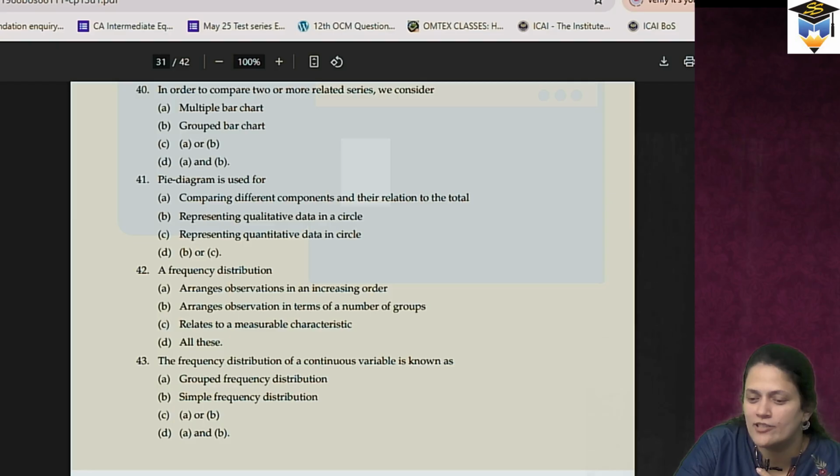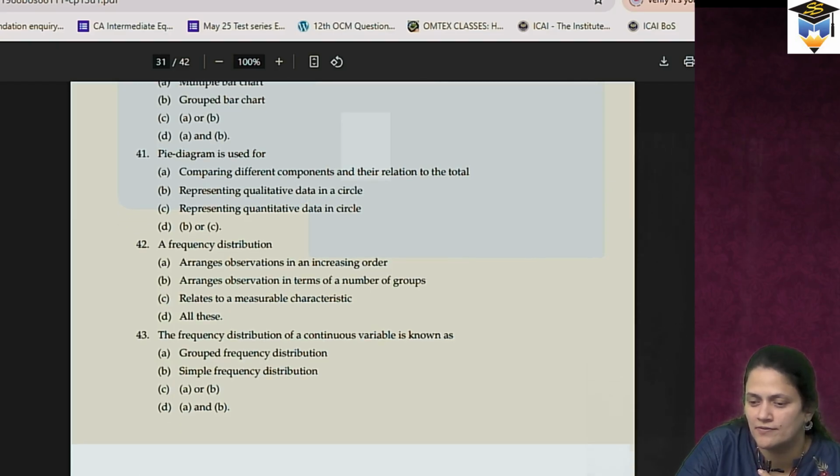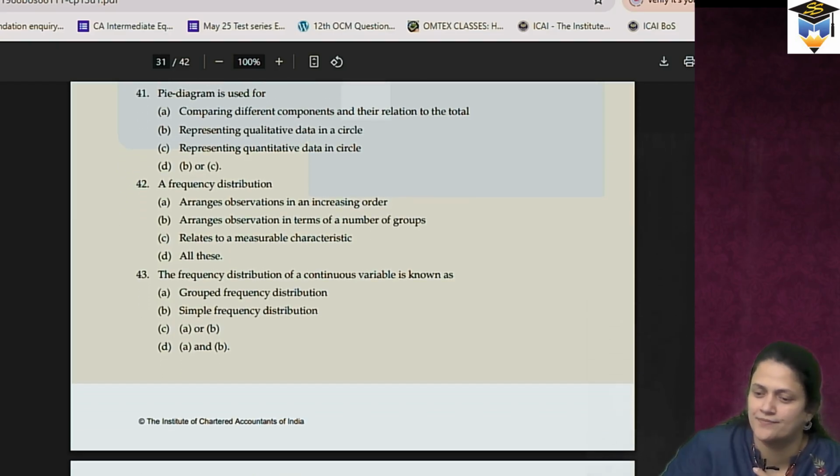A frequency distribution is all of these. Can I say D is the correct option for 42? Confidently say yes or no. Yes or no? Yes? Arnav, Harshavardhan, what is the answer? All of these? D? Lock it.